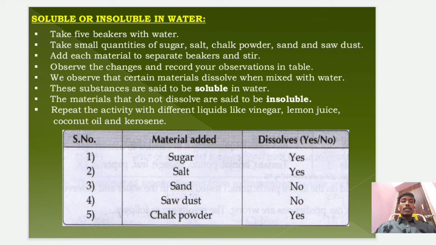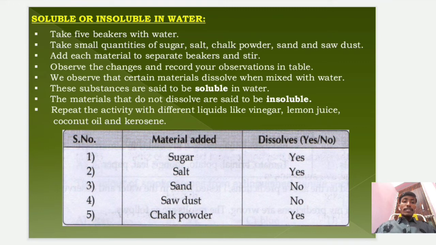Here we observe that certain materials dissolve when mixed with water. Those materials are said to be soluble materials. Materials which do not dissolve in water are said to be insoluble materials. Here we are giving some materials. Sugar dissolves in water, so it is soluble.